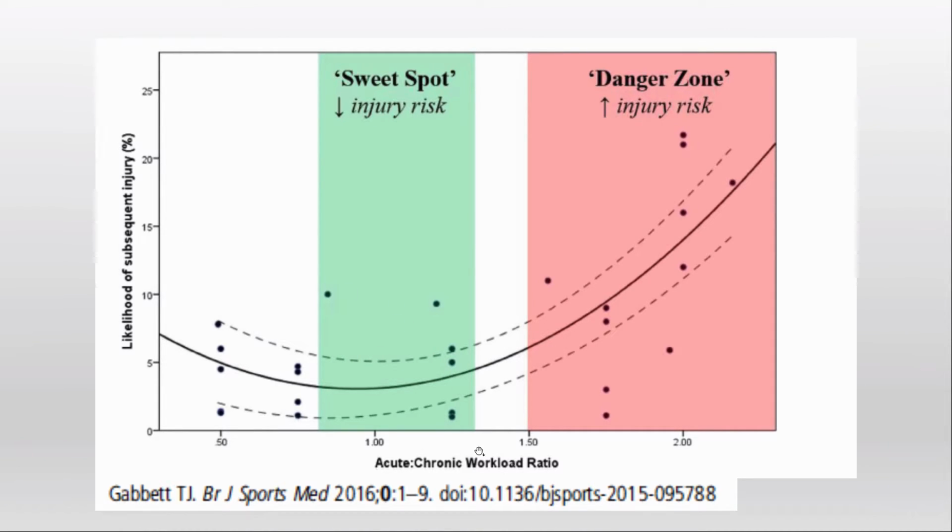The numbers here are the likelihood of subsequent injury, 5% to 25%, and I'll show you how that is calculated. And then you remember the shape of the curve. So that's pretty much it.